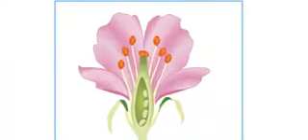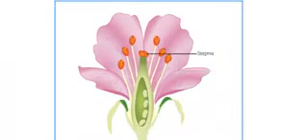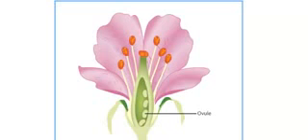Mature plants produce flowers, which contain a structure called a style that has a stigma at the top and an ovary at the bottom. Within the ovary, the flower has several ovules that contain egg cells. When a grain of pollen lands on the stigma, it extends a sperm tube down the style into the ovary. The sperm tube attaches to an ovule.